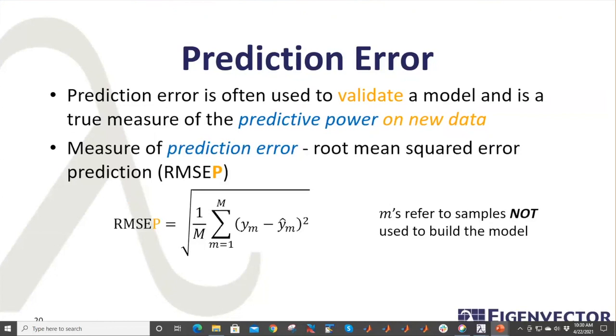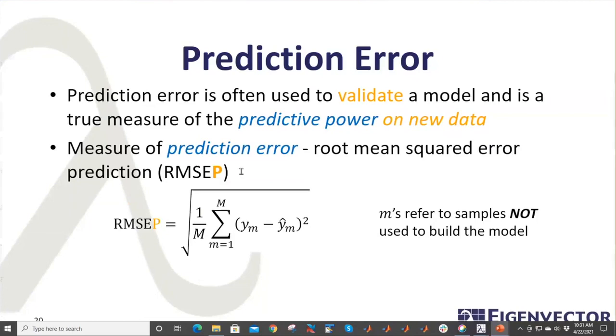While the root mean square error of cross-validation gave us an estimate, the root mean square error of prediction gives us a better measurement of how well this model will predict on new data. Here's the equation. It looks very similar. In this case, M refers to the samples not used to build the model.